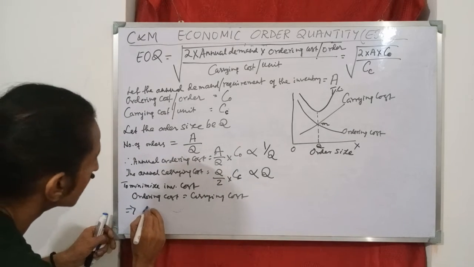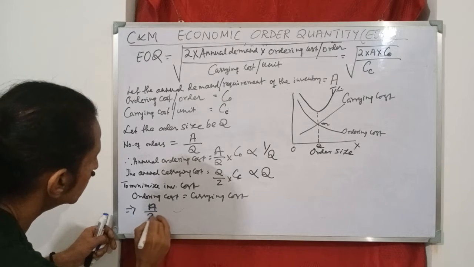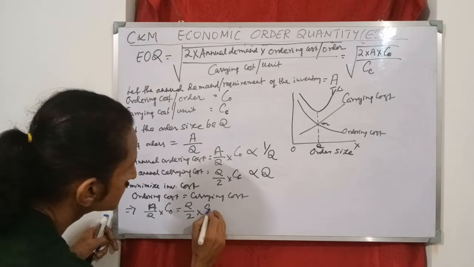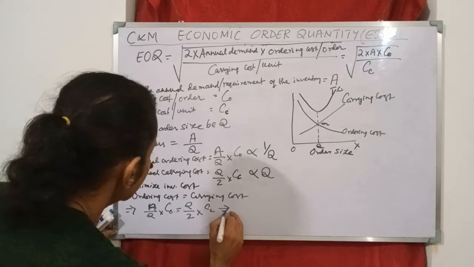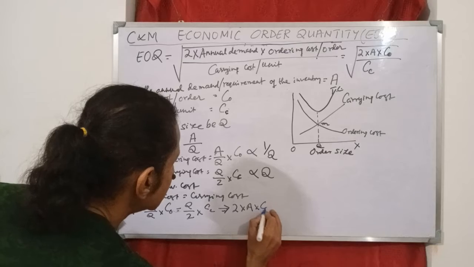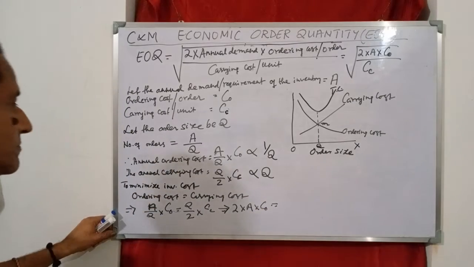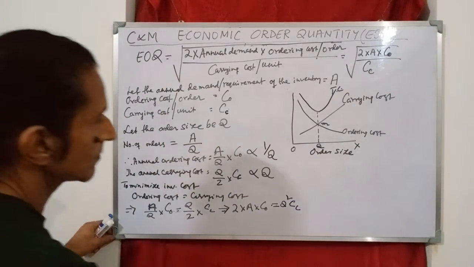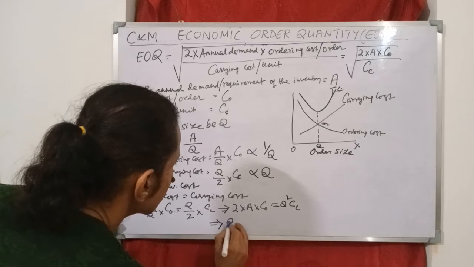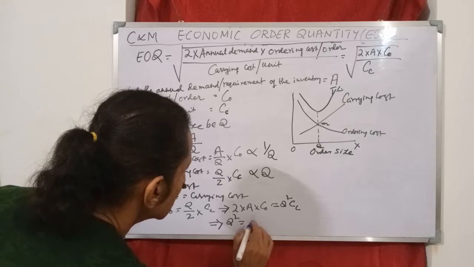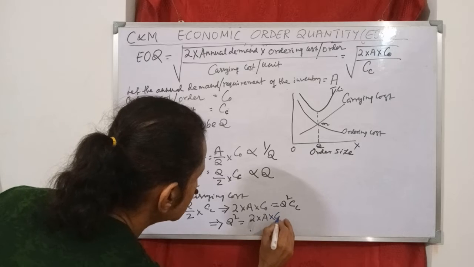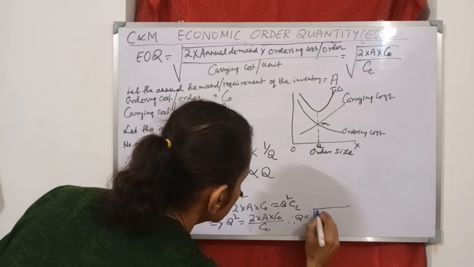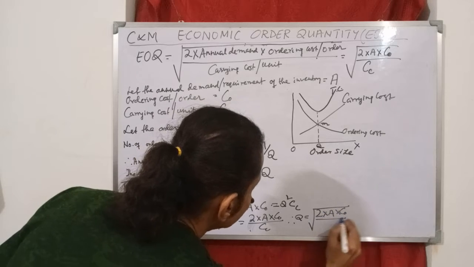This means A by Q into C sub O will be equal to Q by 2 into C sub C. This means 2 into A into C sub O is equal to Q square C sub C. This means Q square equals 2 into A into C sub O divided by C sub C. Therefore, Q equals root over 2 into A into C sub O divided by C sub C.